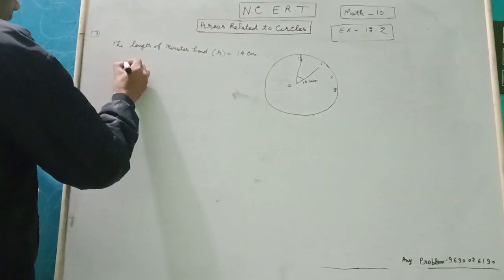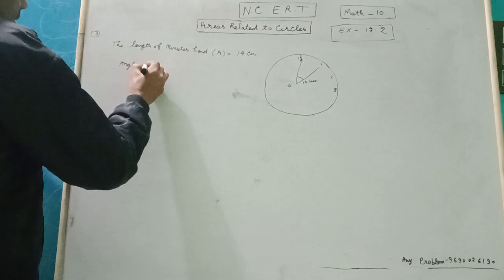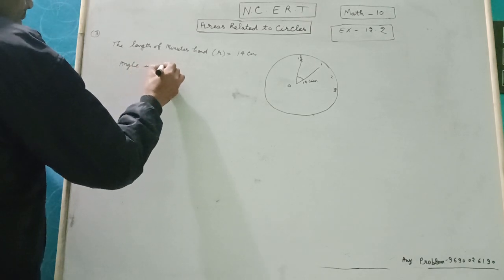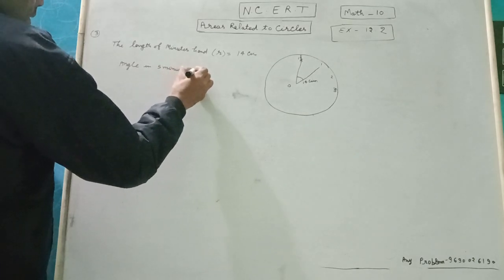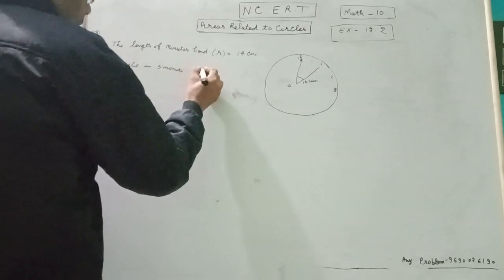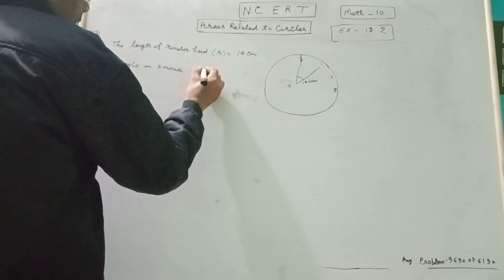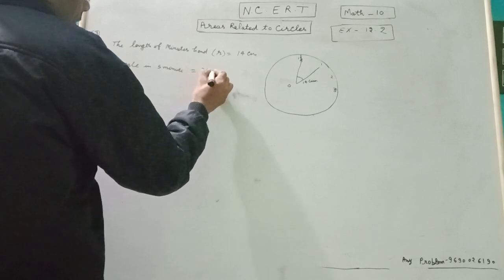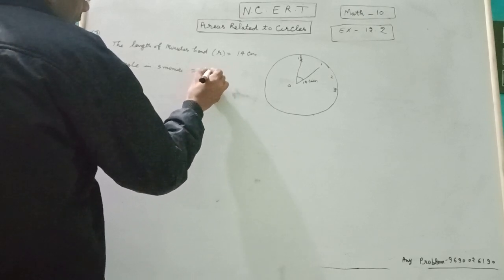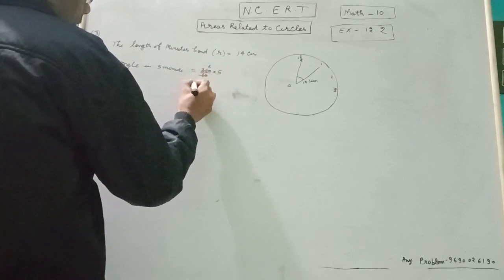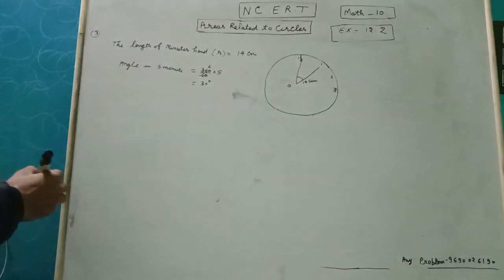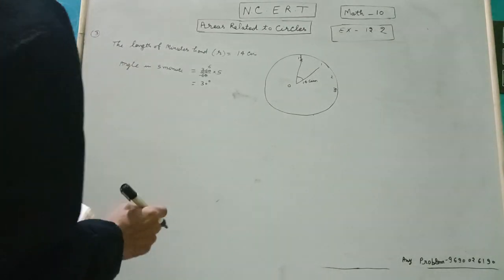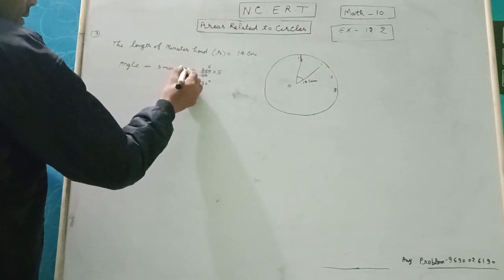Angle in 5 minutes: 1 minute is 360 upon 60, times 5. 6 times 5 is 30 degrees. So the angle in 5 minutes is theta.